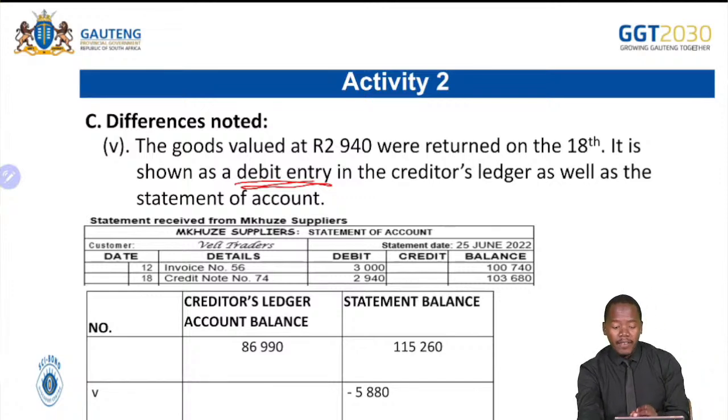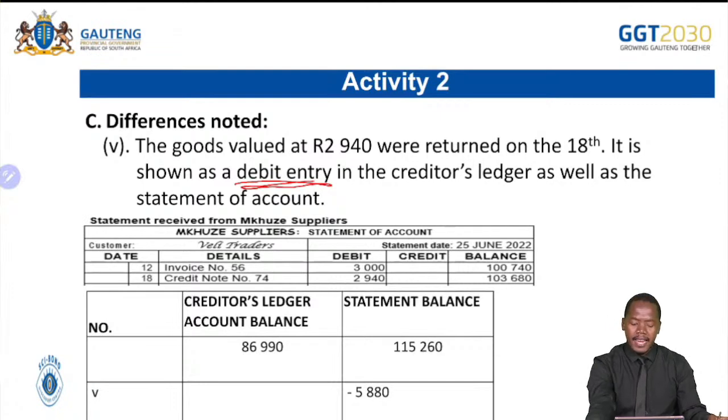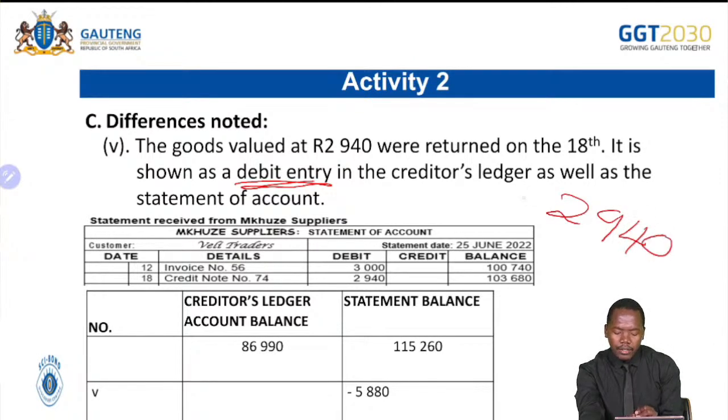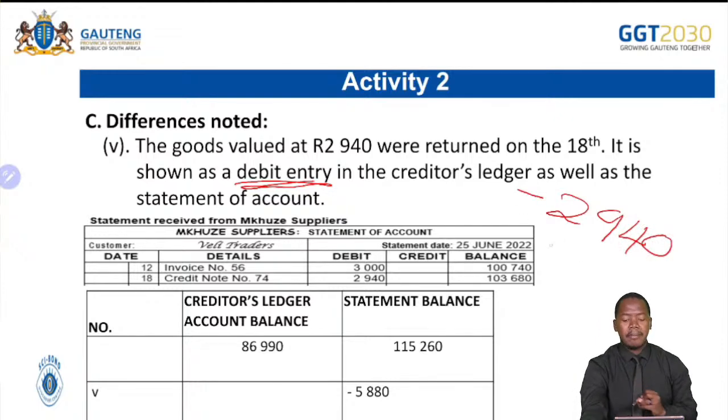Remember, this is the type of error where a debit note or return has been recorded on the wrong side. How do we correct it now? We're seeing here, they said minus 5,880. How did they arrive at that? It is 2,940 that is supposed to be subtracted. Remember, we added. Now, to undo additions, we must subtract.